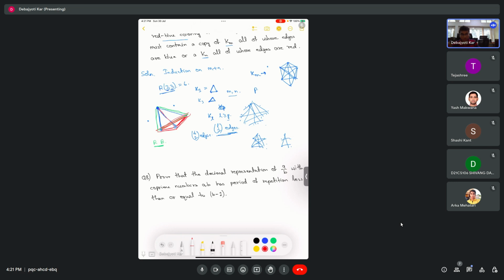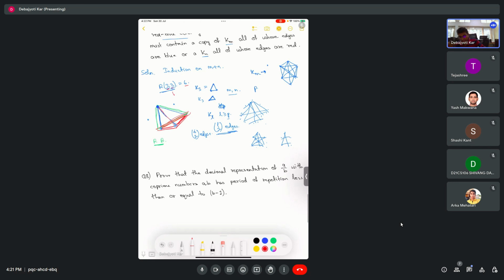So what we have shown is that if we have any complete graph on at least 6 vertices, and we color the edges of this graph arbitrarily with red or blue, either we will have a red triangle or a blue triangle. This we can generalize to any two integers m and n.